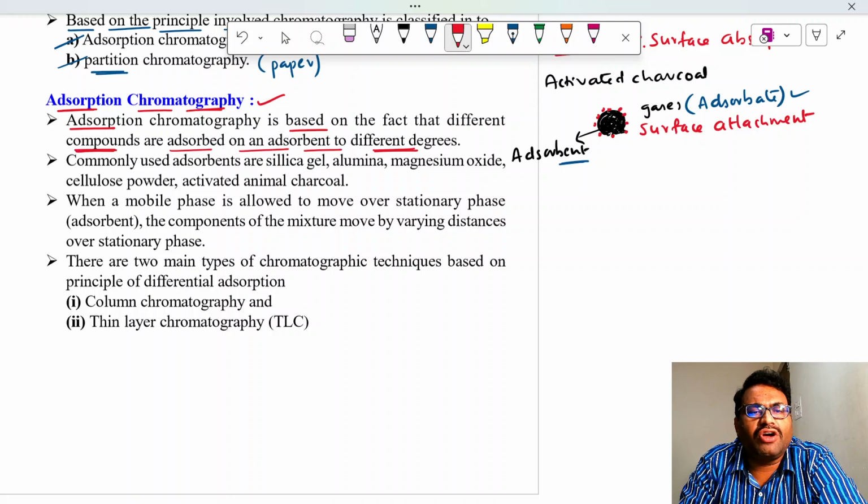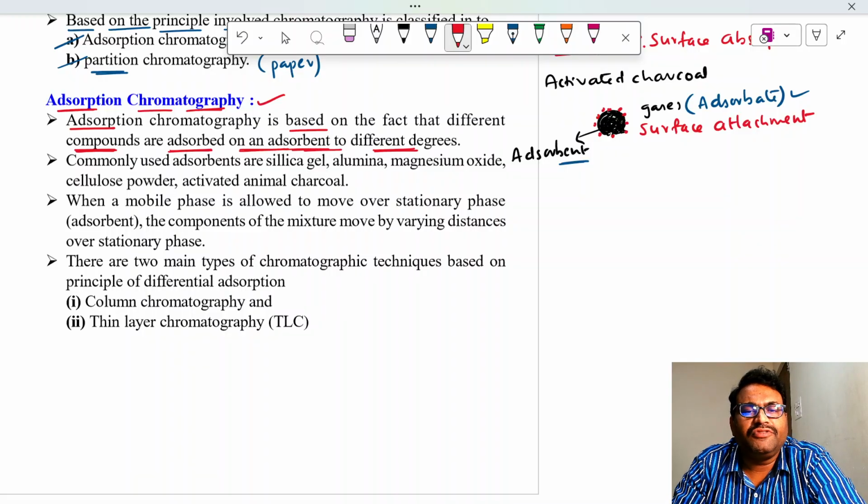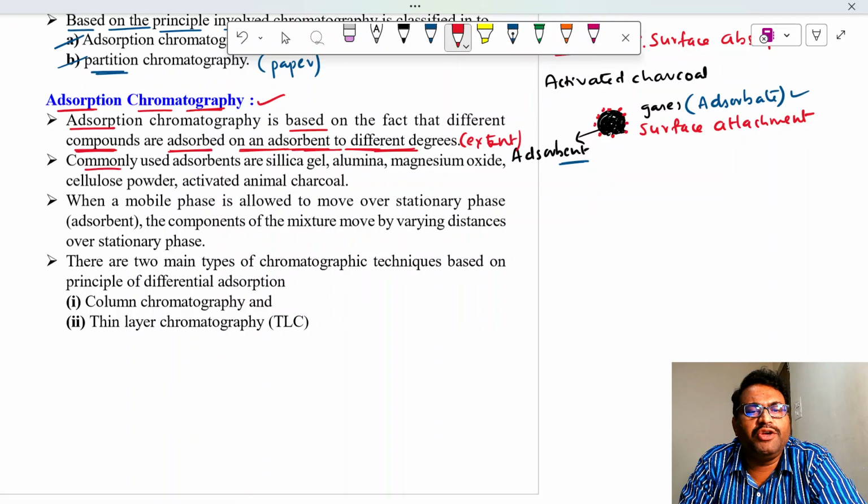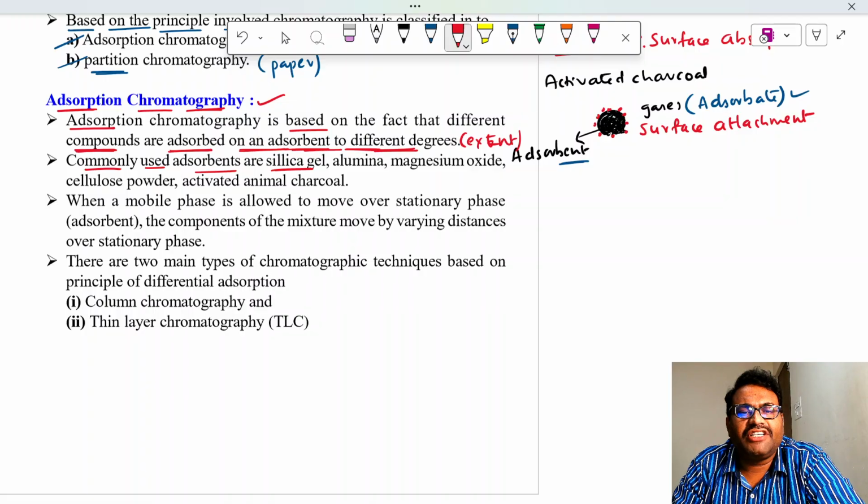Different substances are adsorbed on the adsorbent to different degrees. All the substances will not adsorb to the same extent. Commonly used adsorbents are silica gel, SiO2 gel.